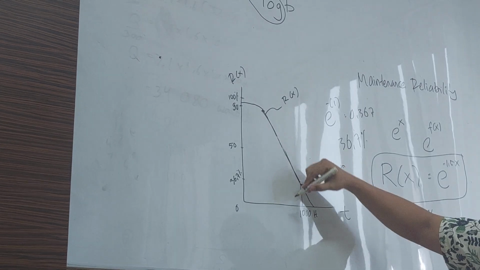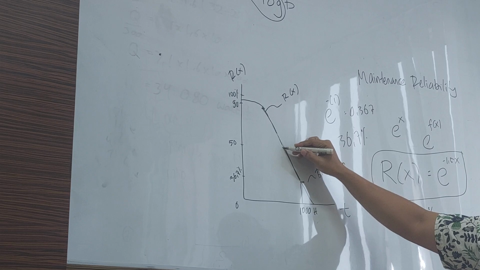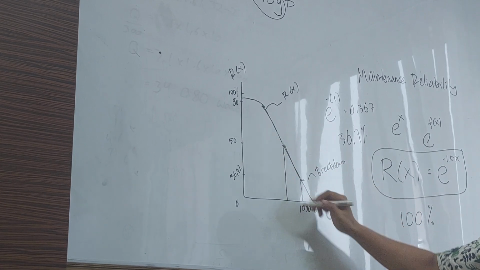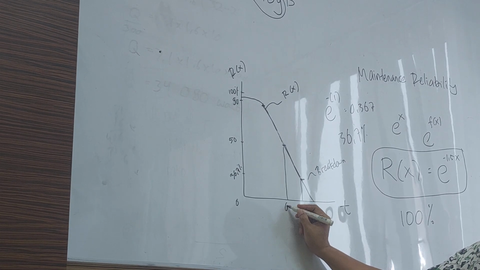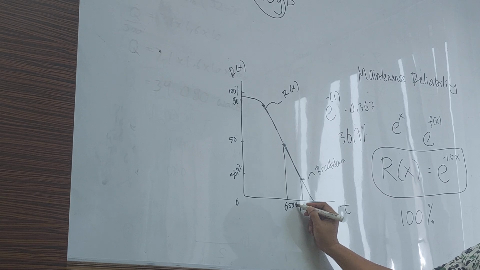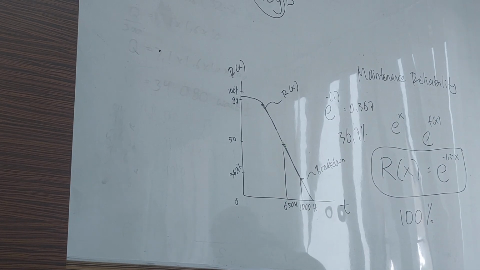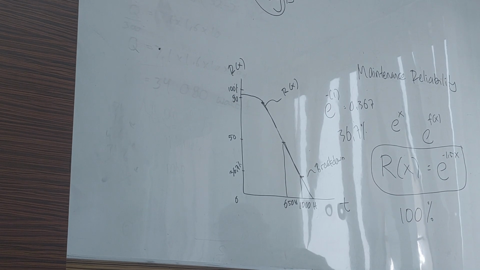You can predict, for example, I will give maintenance at 50% reliability. So you can get the time, for example 650 hours.